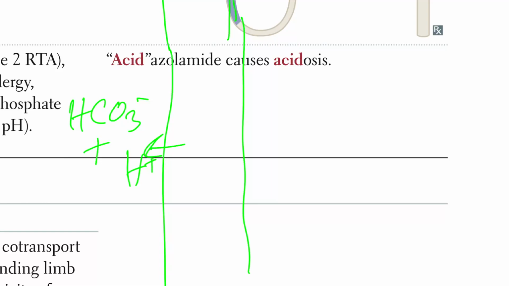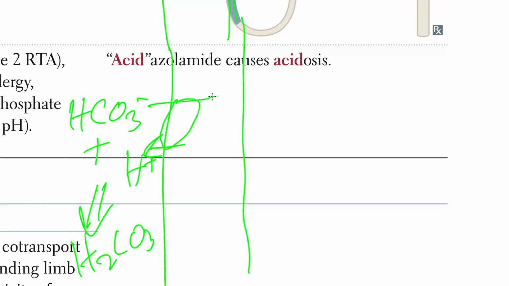When it gets added with a proton, it forms H2CO3. Where did the proton come from? It came from the channel called sodium proton antiporter. So the sodium is going in, meaning going into the blood. The proton is going out into the urine. This is urine, remember?